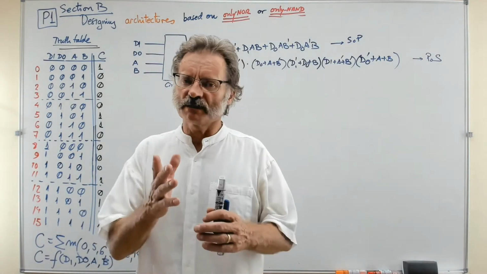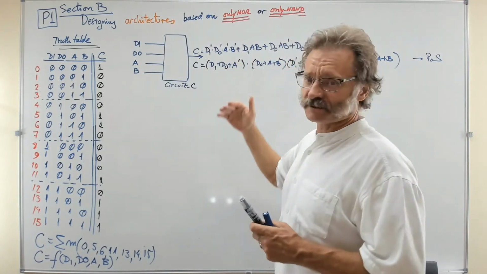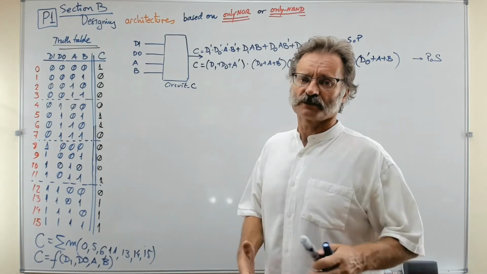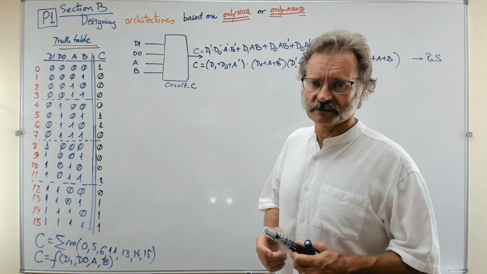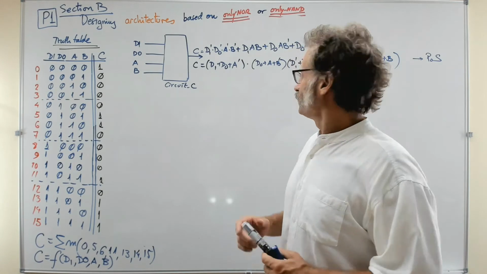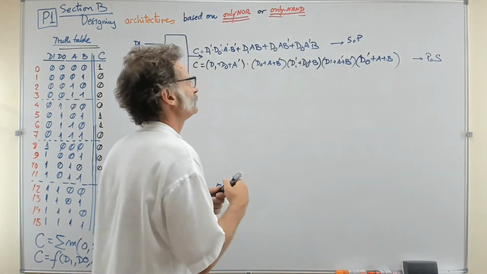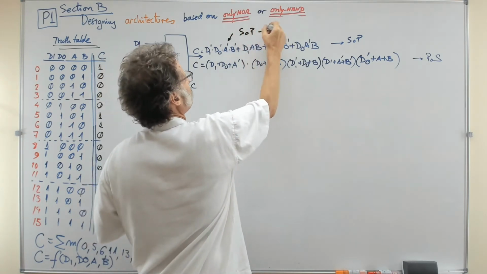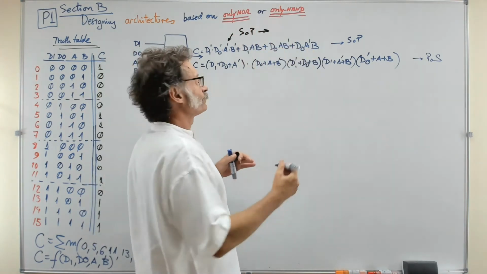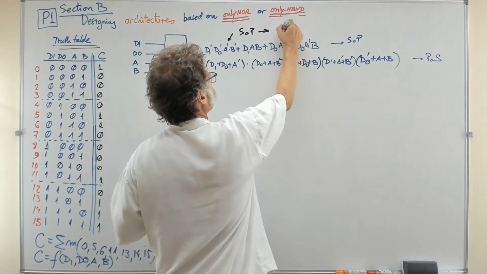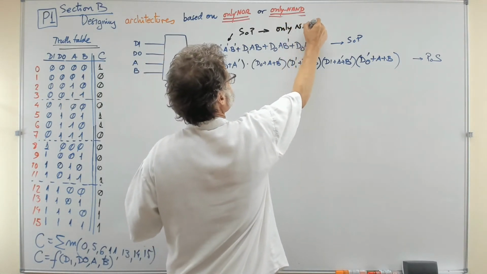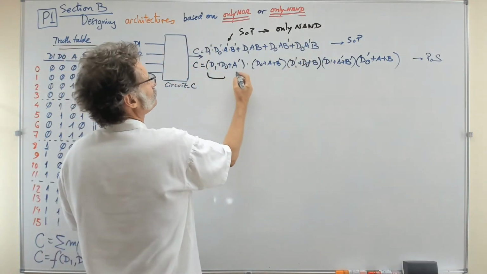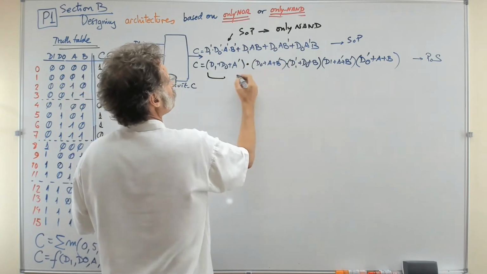Perhaps there is only one thing left here, the idea that you can go from any equation to only NAND or from any equation to only NOR, no matter the initial equation that you take to do that adaptation. For example, what we've been doing now is considering this sum of products as transferable to an equation that is based on only NAND. This is what we've been doing now, right? Or that one, this is an equation which is a product of sums.